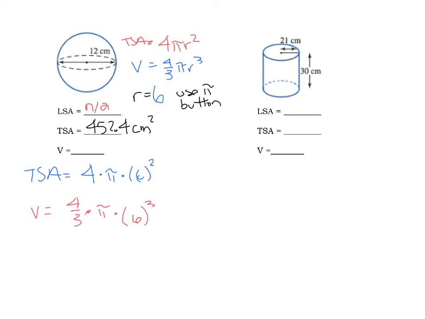So 6 cubed results in a volume of 904.8 centimeters cubed.